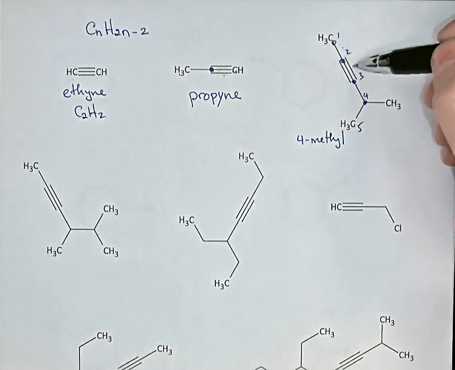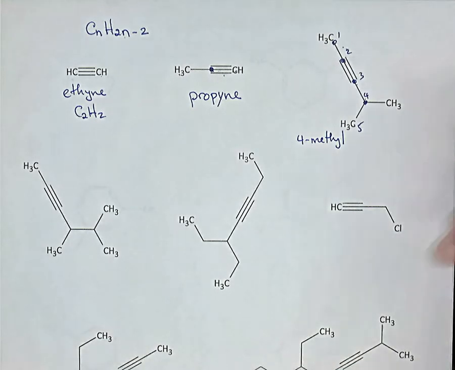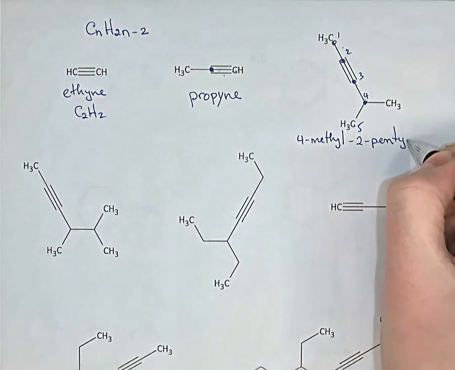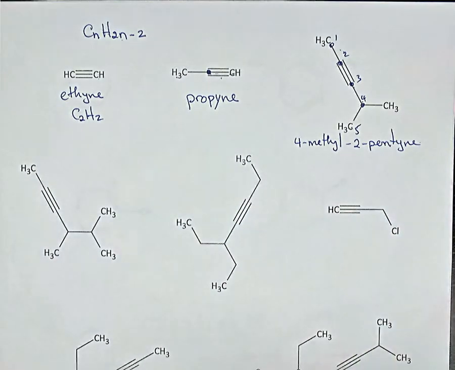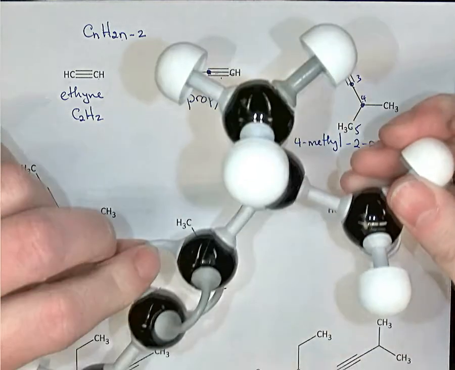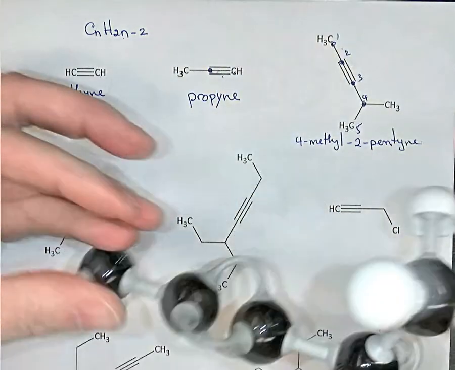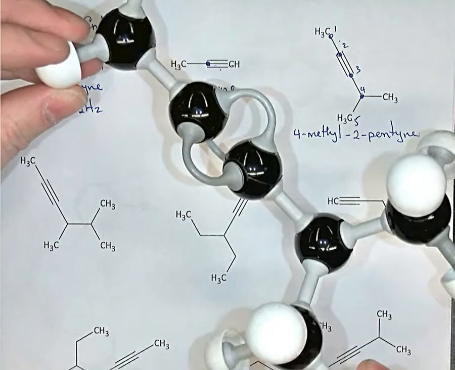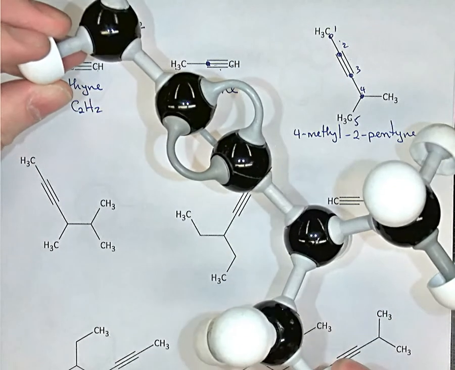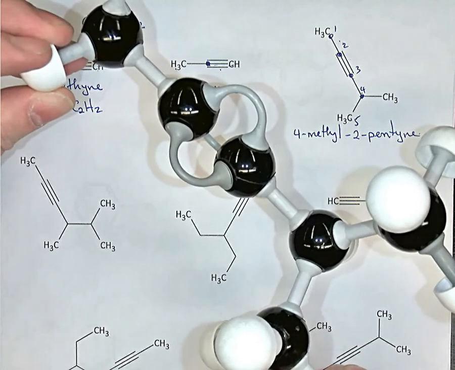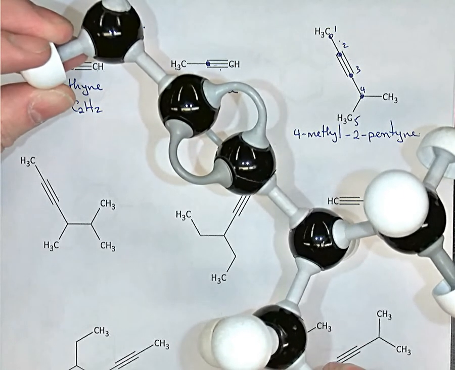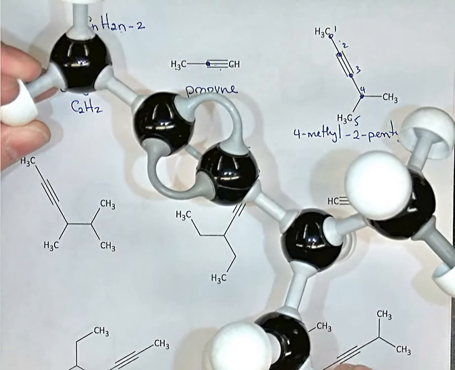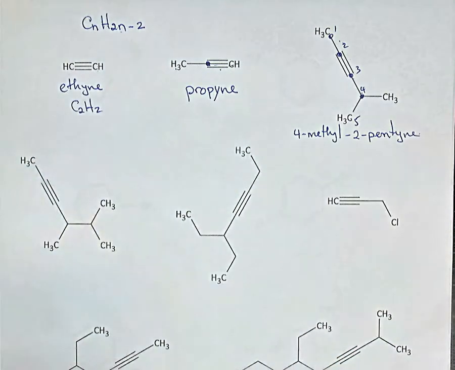And then it's the second bond in, which is the triple bond, so dash 2-pentyne. Okay, that actually is the molecule that I showed you earlier, right? If I orient it the same way, that's what we have. So 5 carbons in a parent chain, a triple bond as the second bond in, and a methyl branch on the 4th carbon of the parent chain.